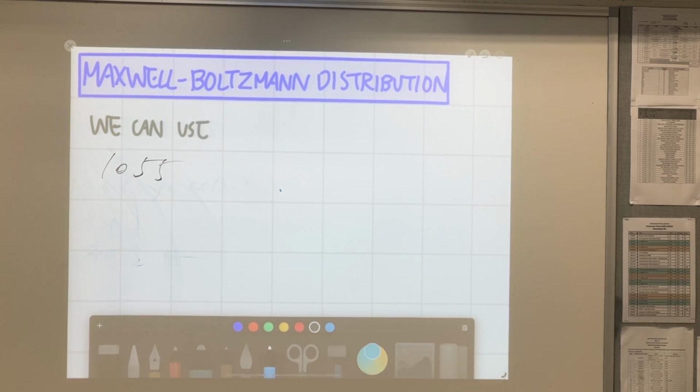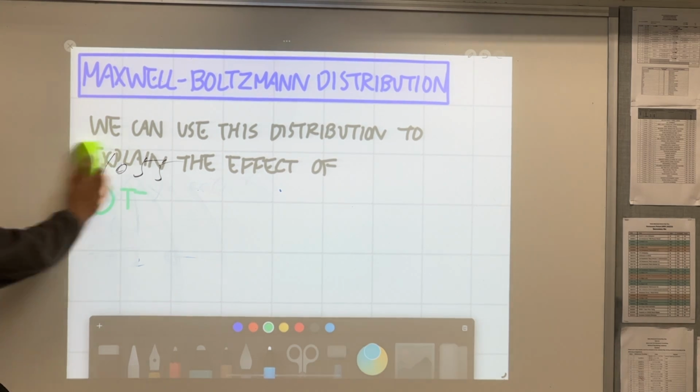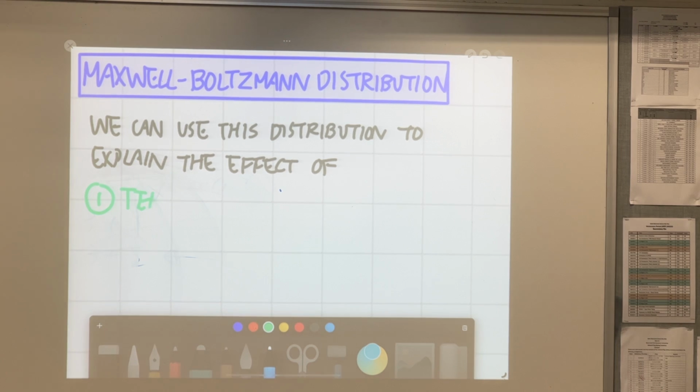So we can use this distribution to explain the effect of two factors on rate. So number one is temperature. Okay, so the effect of temperature and the effect of catalyst on rate.